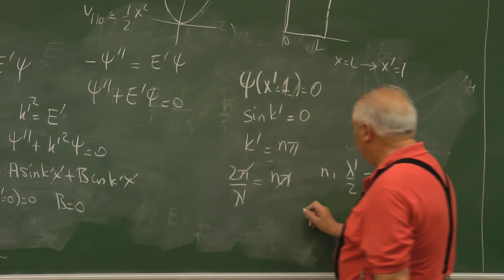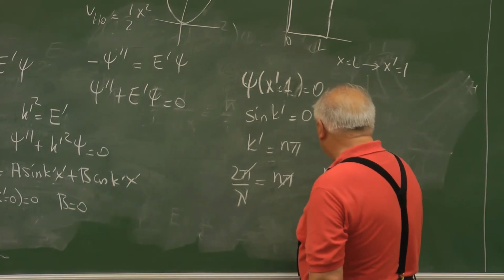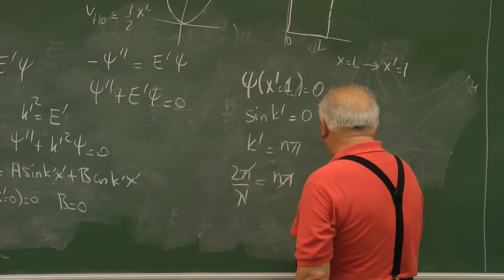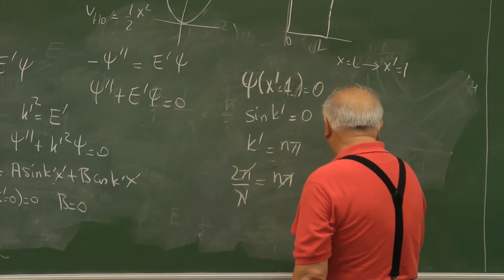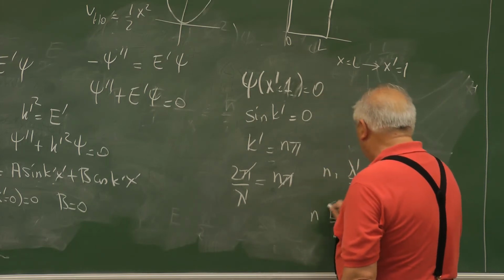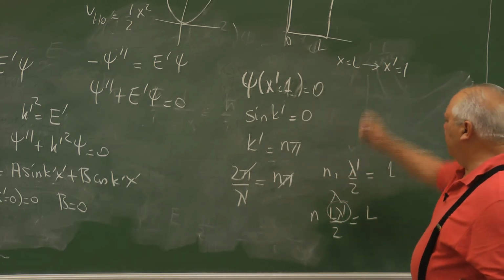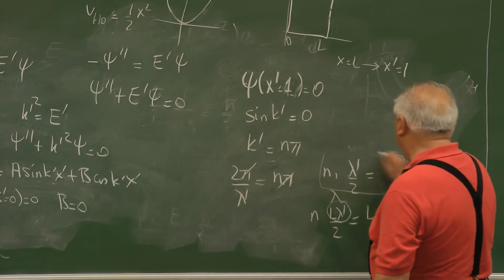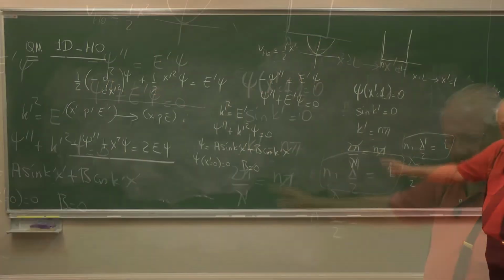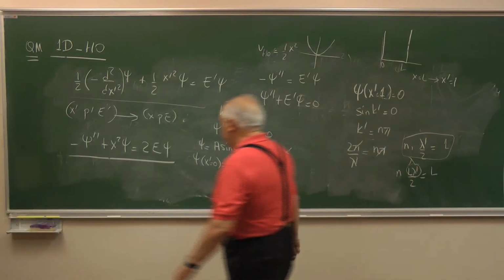If you wish, you can multiply this by L. n lambda prime L over 2 is equal to L. And this is the actual wavelength of this thing. But let's keep it to that. I am erasing this part. We don't need it anymore.